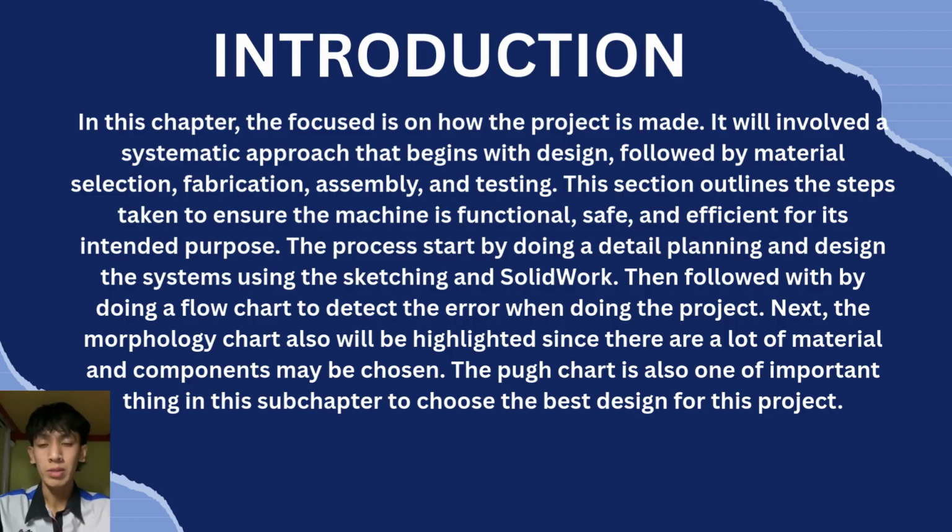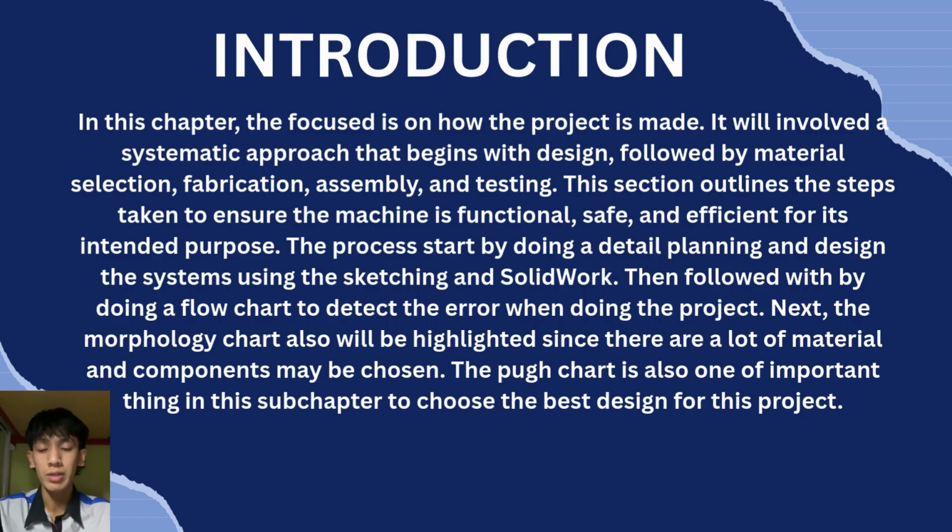A flowchart was developed to visualize the overall workflow and identify potential errors during fabrication and assembly. A morphological chart was used to evaluate different design alternatives and component options. A PUGH chart was then applied to select the most suitable design configuration.